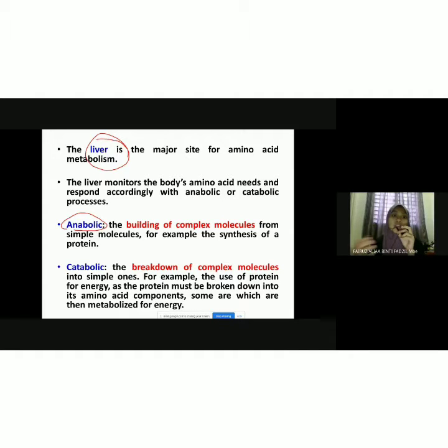Catabolic, or catabolism, is breaking down the large molecule to simple ones. For example, we break down the protein into amino acids, the amino acids are converted into glucose, and then cells use the glucose to generate ATP. That is catabolism.